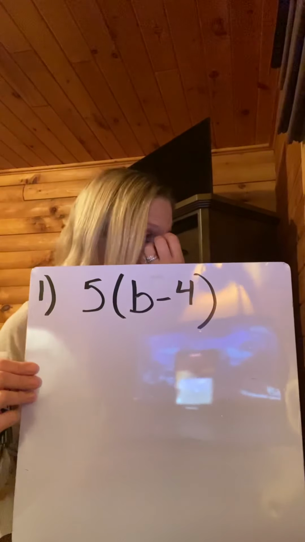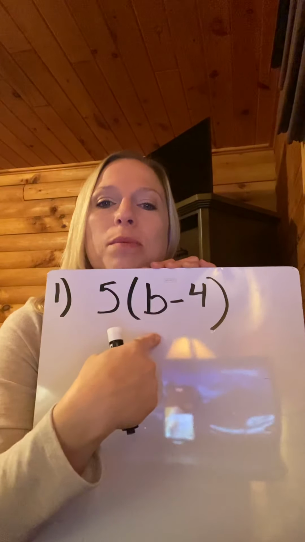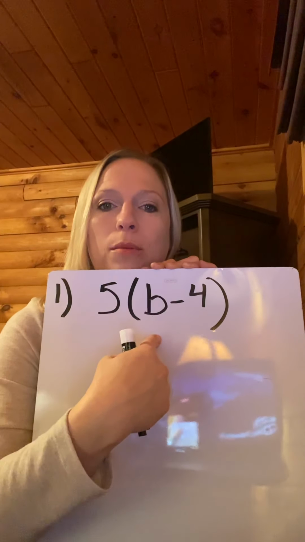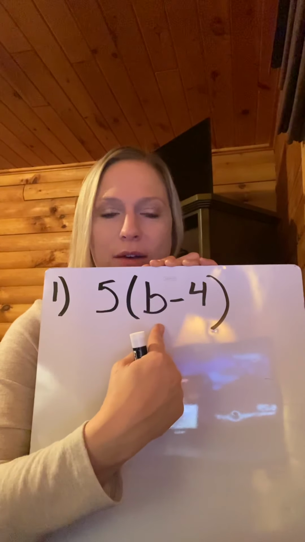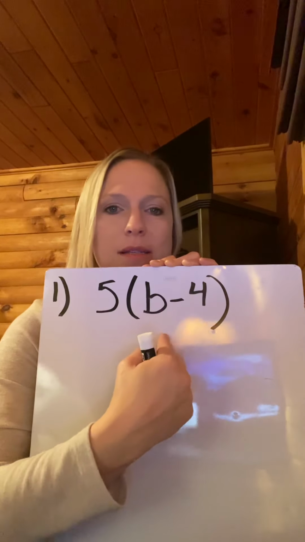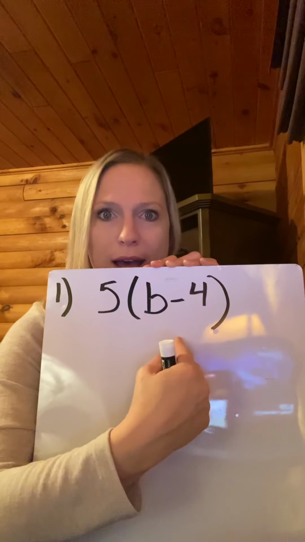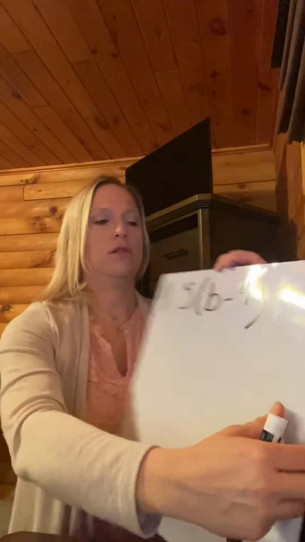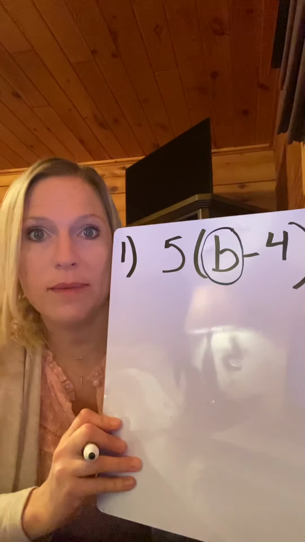Okay, so what the distributive property is, you're multiplying more than one term by a certain number. So for us, we typically have just 2 terms inside the parentheses. It doesn't mean that that's what you're limited to, but if you look, how many terms do we have inside the parentheses? So when I'm in school, I circle them for you. So you have this term here, which is B, so that's positive 1B.